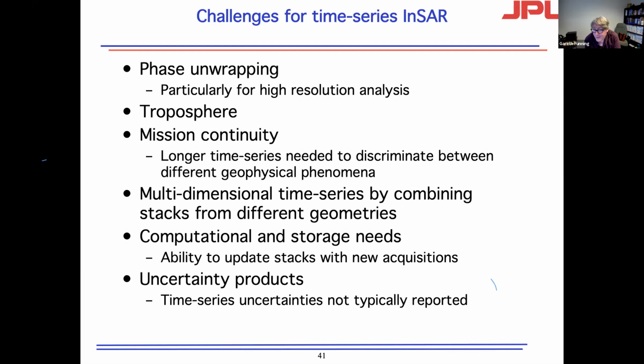Can you throw some light on present ways of deriving multidimensional time series from different imaging geometries? It's the 2D or 3D problem. Yeah, so let's say I want to study a landslide and I want to look at the downward motion, let's say downslope motion.